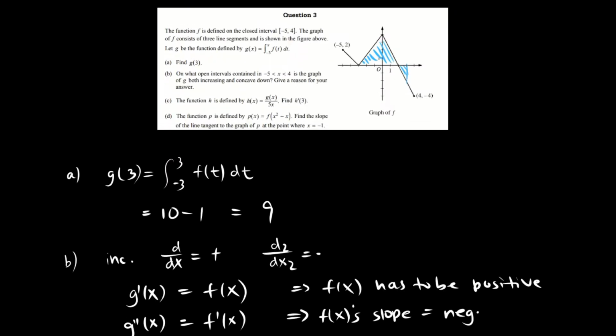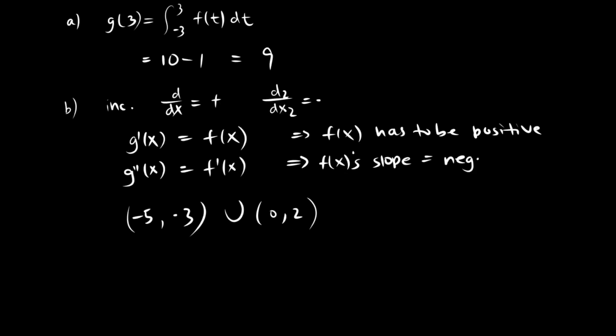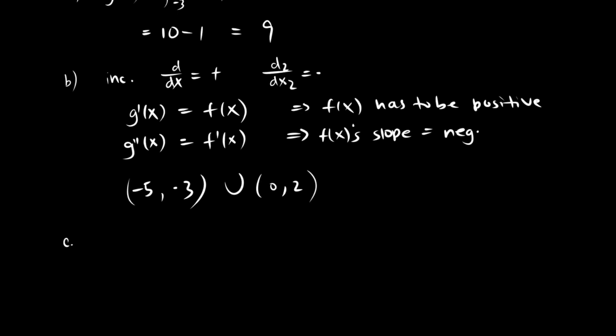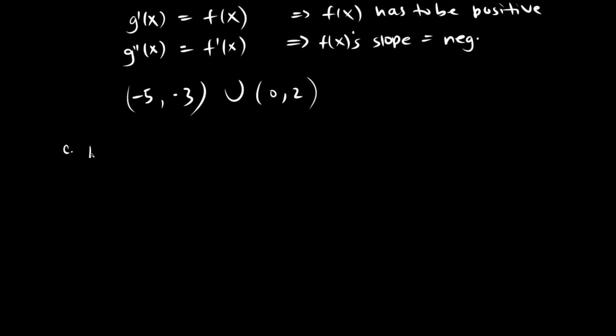Part C asks us, the function h is defined by h of x equals g of x divided by 5x, and it wants us to find h prime of 3. So we know when we take the derivative of a fraction, we have to use the quotient rule. So for part C, we're given h of x is equal to g of x divided by 5x.